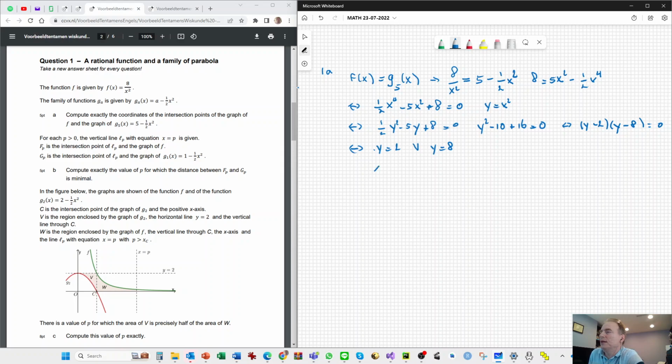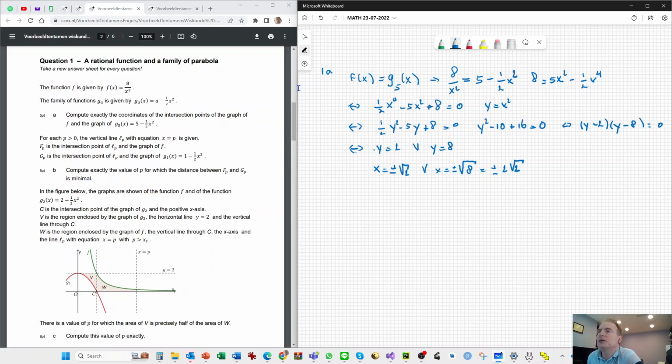So we find that x should be plus or minus the square root of 2, or x is plus or minus the square root of 8, which is plus or minus, you just do prime factorization to simplify this, 2 times the square root of 2. So these should be our solutions.